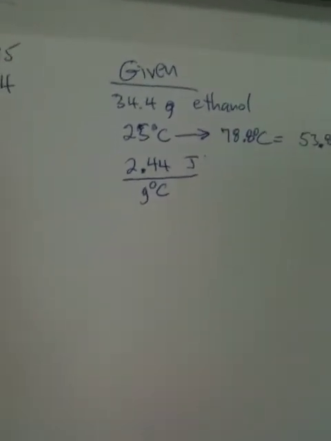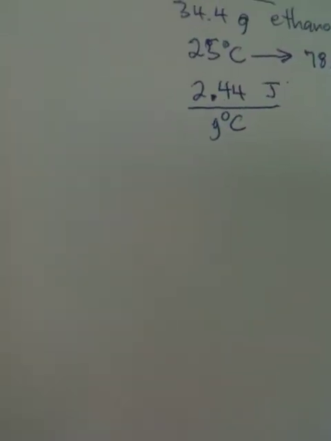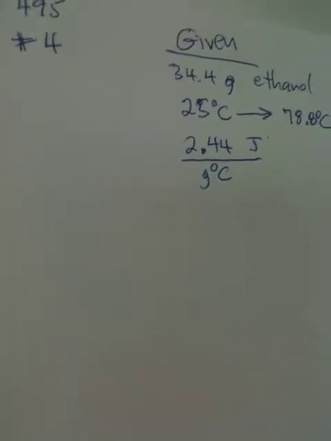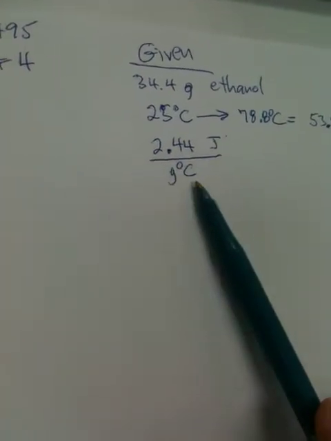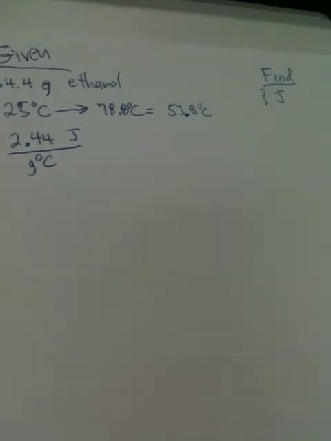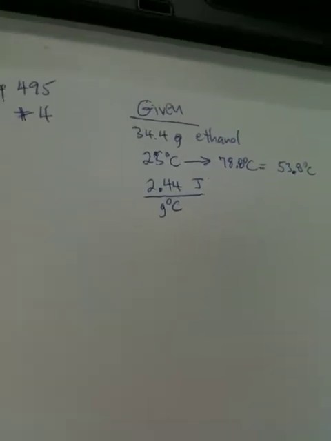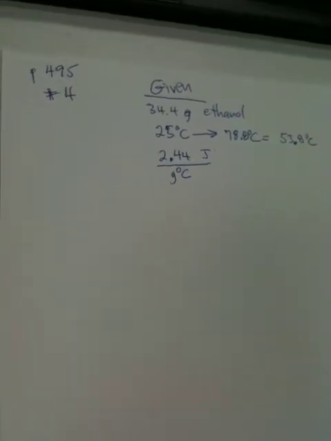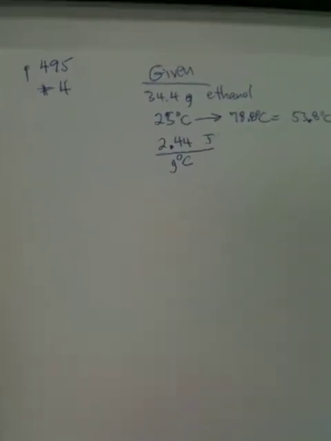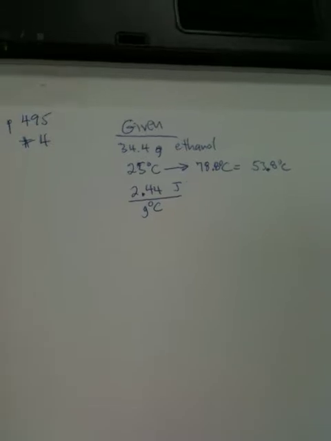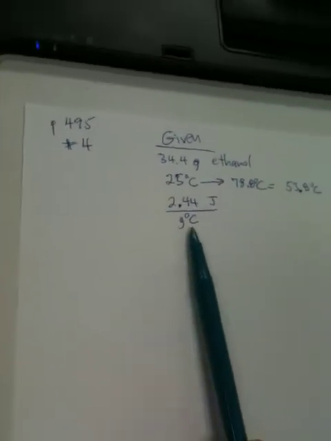Okay, now, how are we going to get started? James, can you tell us, are we going to have joules, 2.44 joules, or grams, degrees centigrade on top when we go to solve this problem? Grams, degrees centigrade? You want gram, degrees centigrade on top.